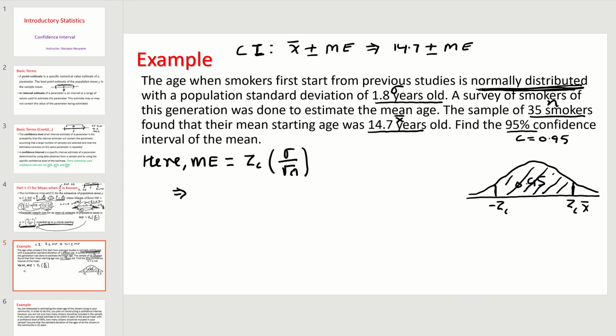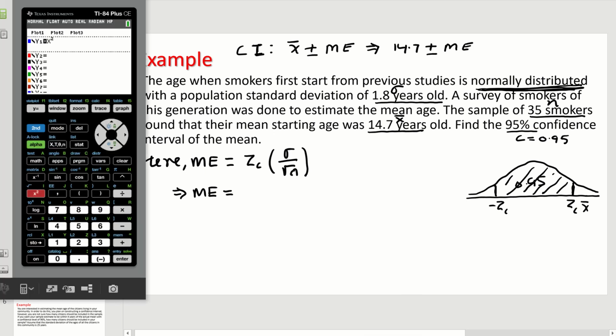Let me rewrite this a little bit. So margin of error is equal to z critical from the calculator. In order to find z critical, we go to second, then vars, number 3, inverse normal. Our area is 0.95, mean 0, standard deviation 1.